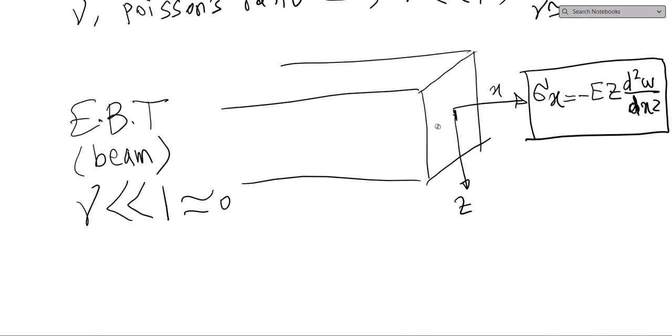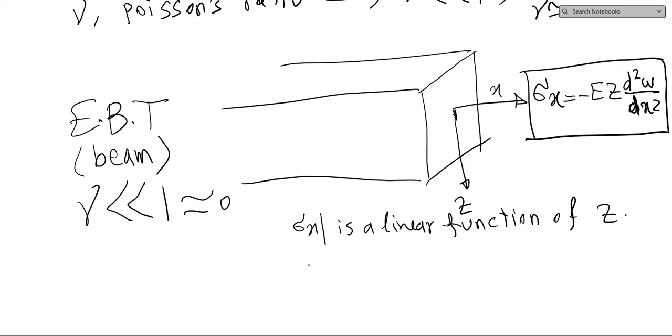Before going further, let's see the properties of this stress. Sigma x, for a given section, x is fixed, is only a function of z, assuming E is also constant. So let's say that sigma x is a linear function of z.